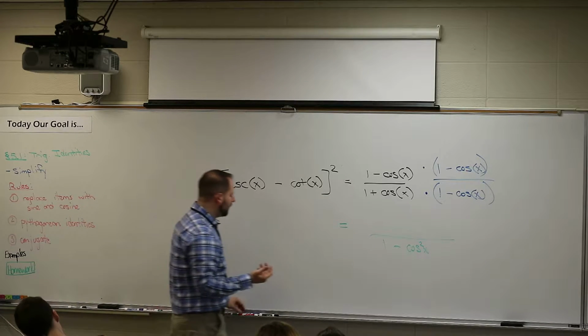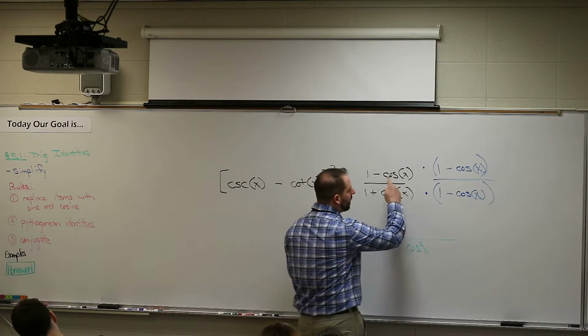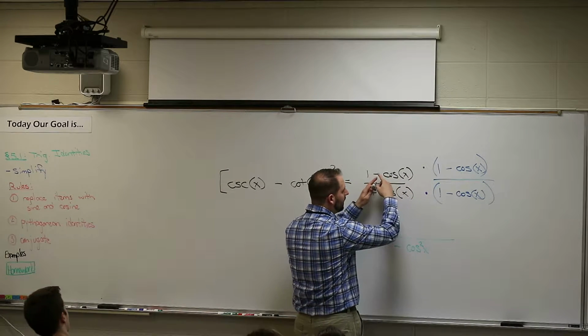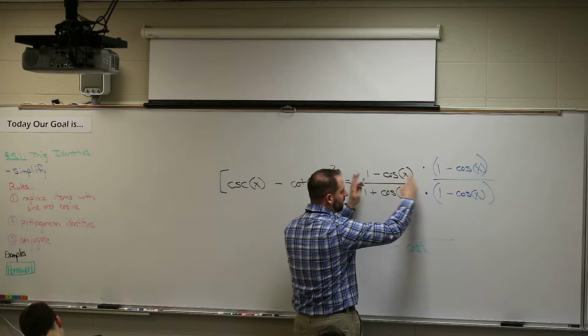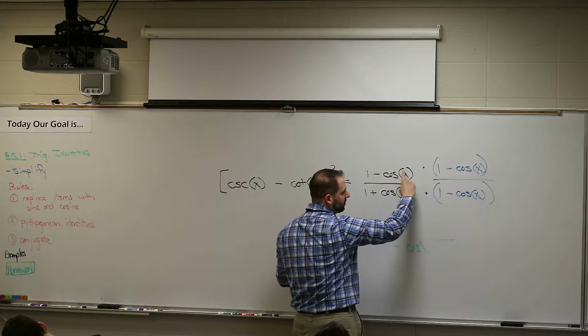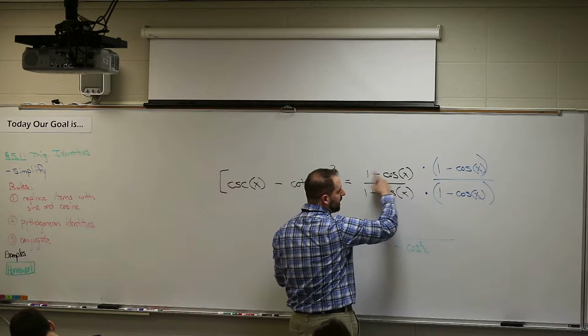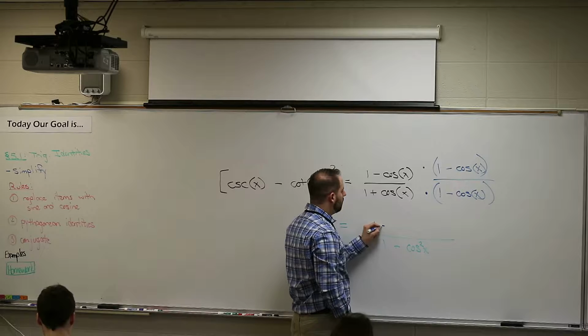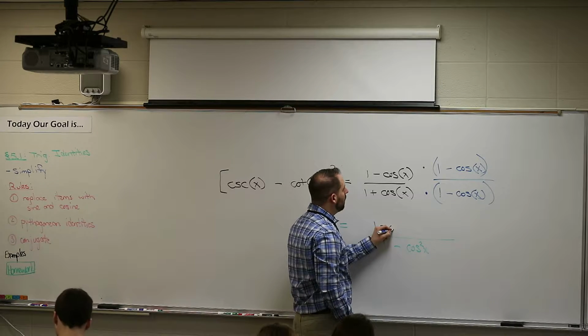Now the top I have them separated, but let's actually multiply these, because it doesn't look like there's anything that's going to simplify. This is a binomial up here and a binomial, so I'm going to FOIL these together. So what do we get when we FOIL first, outer, inner, last?